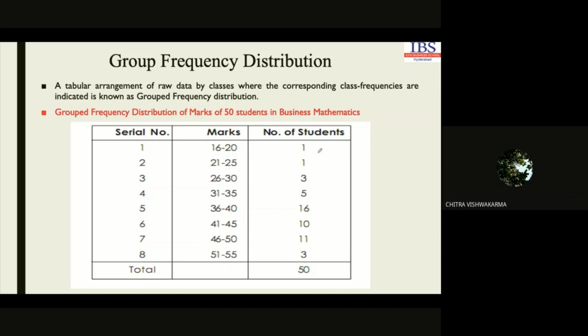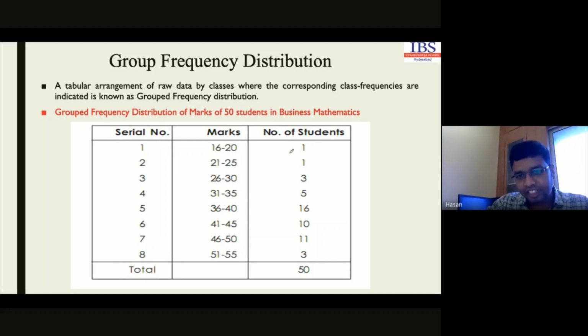Sir, for the first one it will be 1, then for the second one it will be 1 plus the previous frequency, so 2. Yes. Okay. So we are going to compute the cumulative frequency. The rule is the frequency of this particular class plus the cumulative frequency of the previous class.